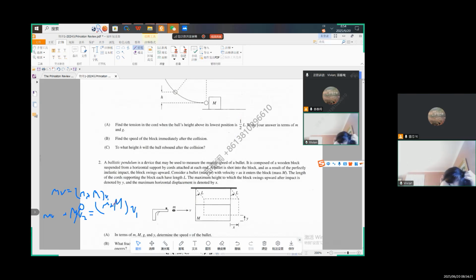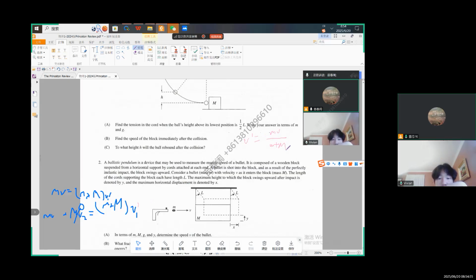And v1 is after. We probably should use v prime. After the class, we normally use a prime, just in case it's difficult to make a difference. So v prime equals mv over m plus m, right?